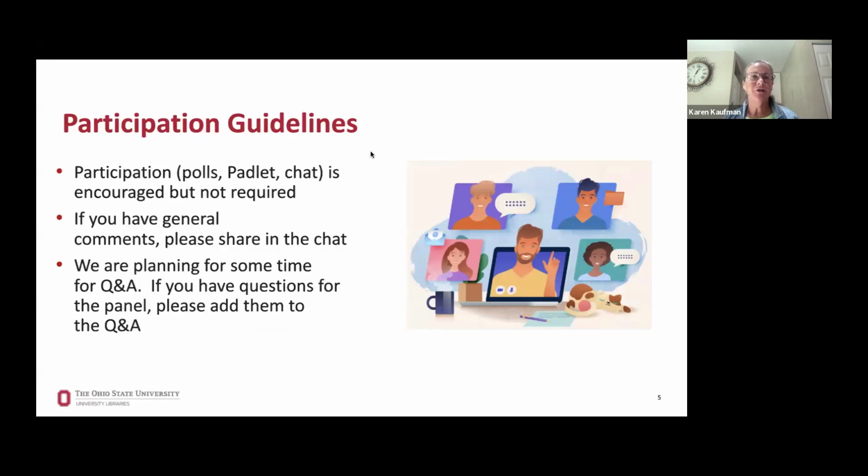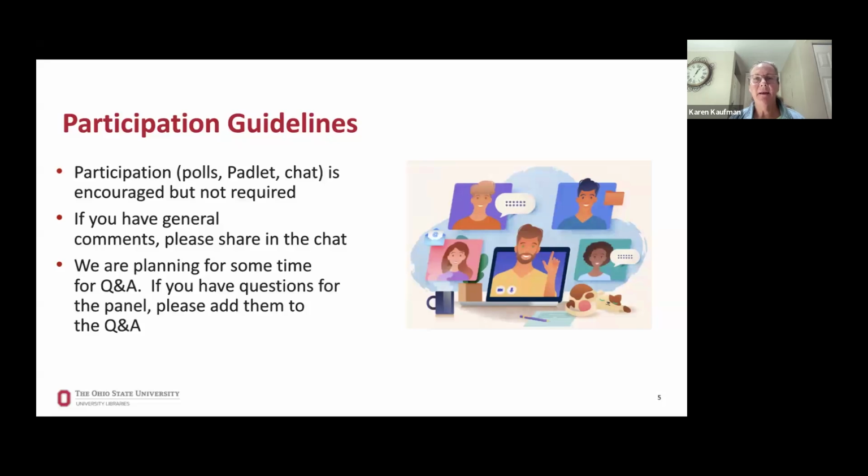Because we have such a large group, we just wanted to go over some participation guidelines. There'll be a couple of polls during our session today. There is a Padlet available for you to contribute resources. I think that some of you may have already done that, and you can continue to do that during our session and afterwards.